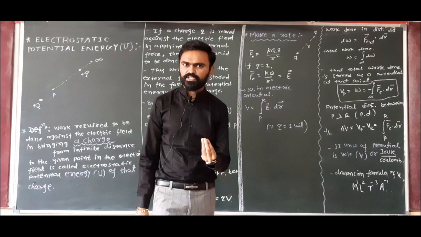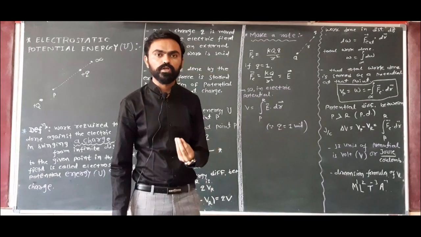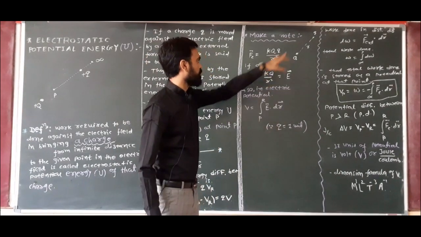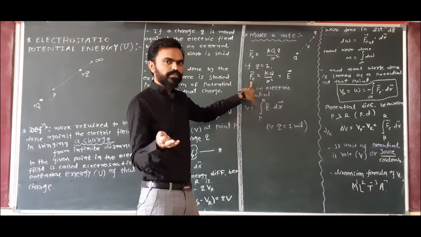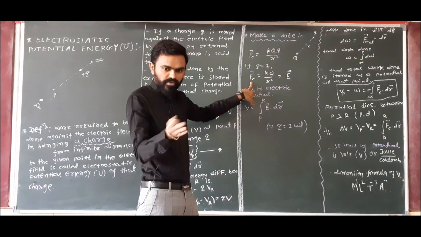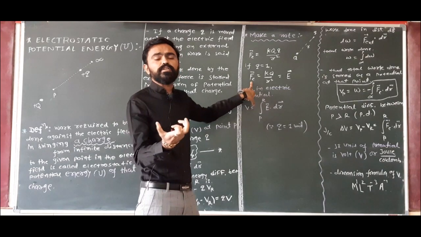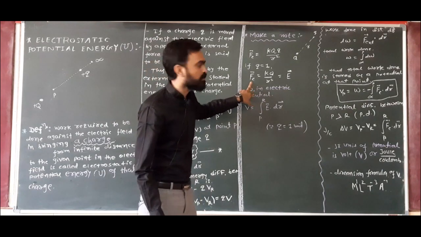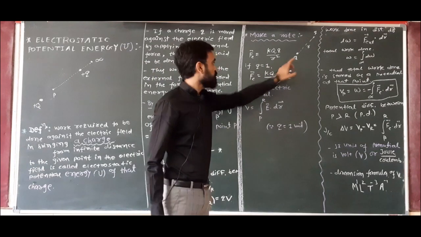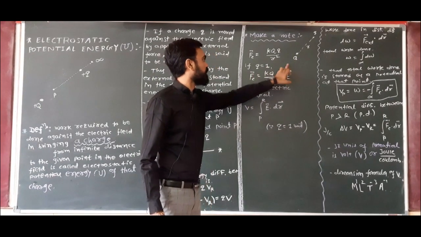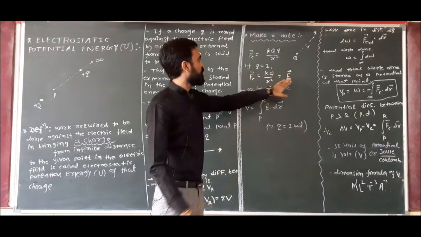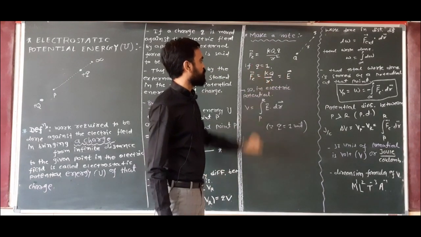Our condition is that the test charge must have a value of 1 unit. That means this force is between these two particles, and the agency present in between is only the electric field of the source charge. So the force is converted into electric field: E is equal to kQ upon r square.